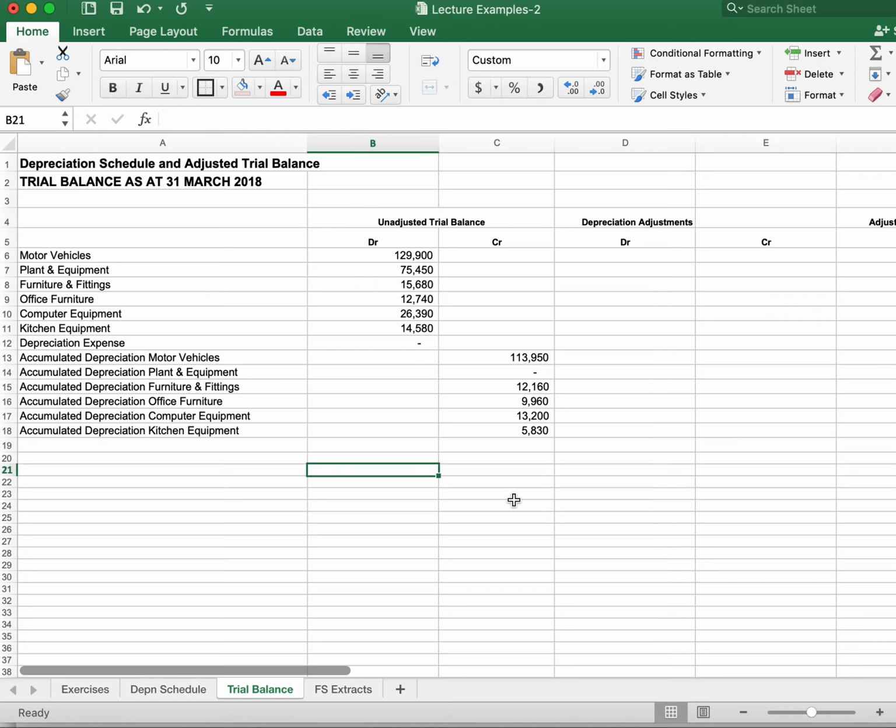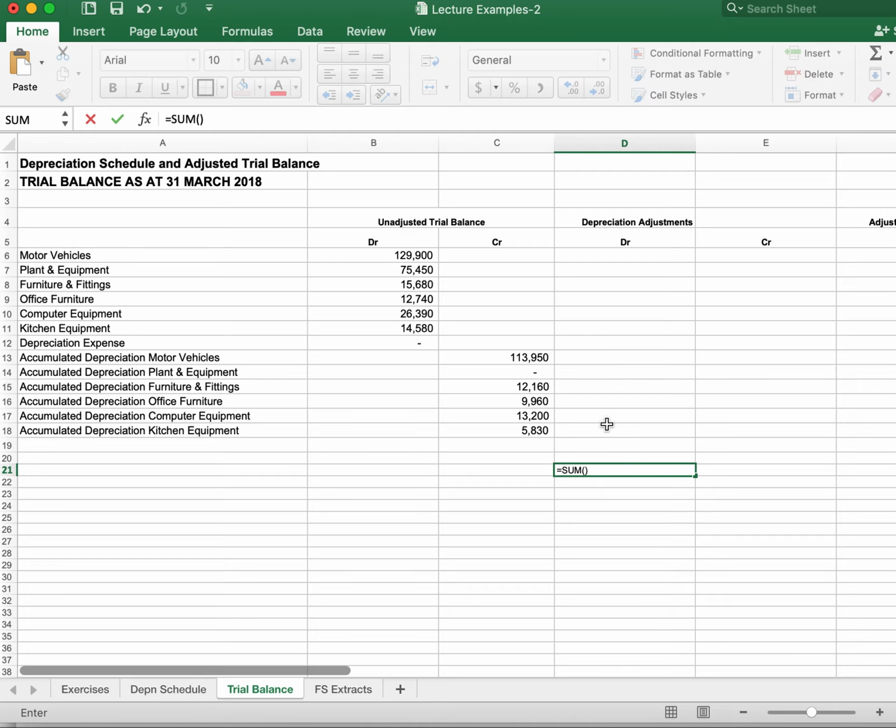So that's how it stands. Obviously this isn't a full trial balance, and I wouldn't expect these things here to balance. But I certainly want my adjustments to balance. So anything I put in the adjustments column, I would hope to see balances, the debits equal the credits. So I'm going to test that for myself.